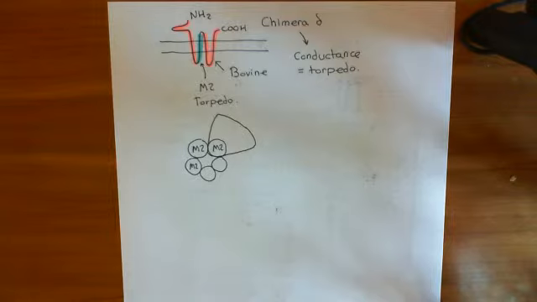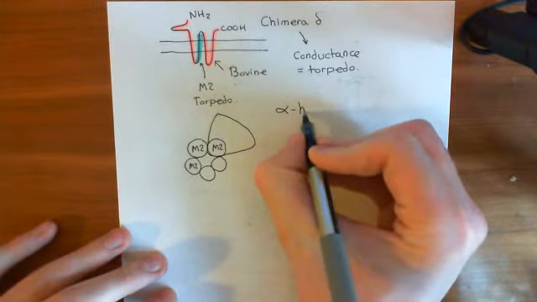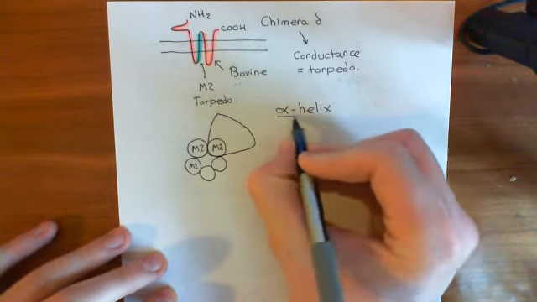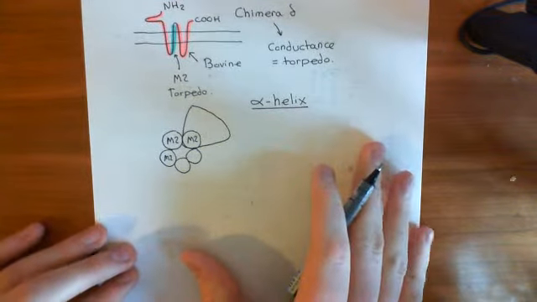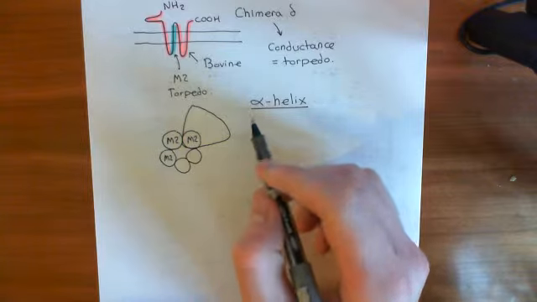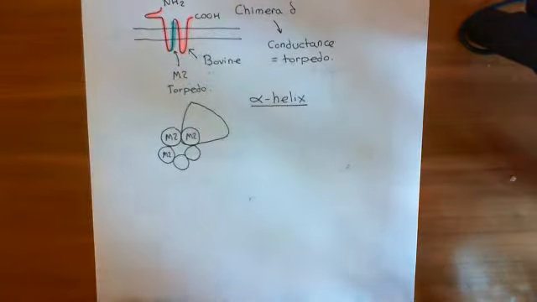Okay, so we'll start off with what an alpha helix actually is. So an alpha helix is a secondary protein structure. So when you make a polypeptide, which is this polymer of amino acids, the primary structure of that polypeptide is what sequence of amino acids the polypeptide has.